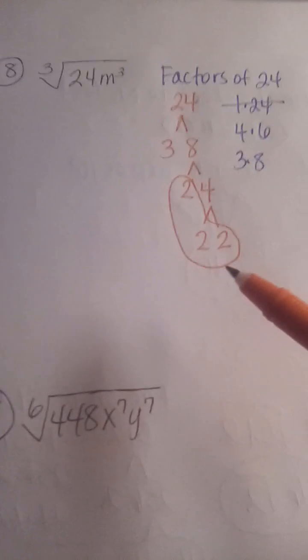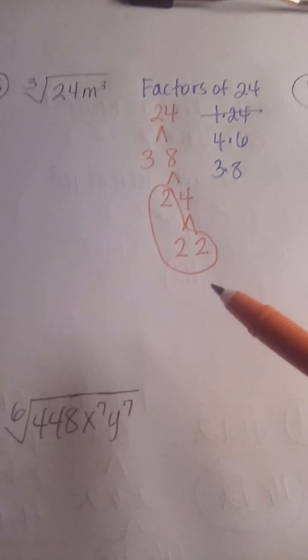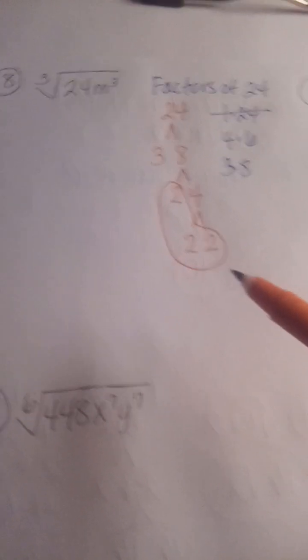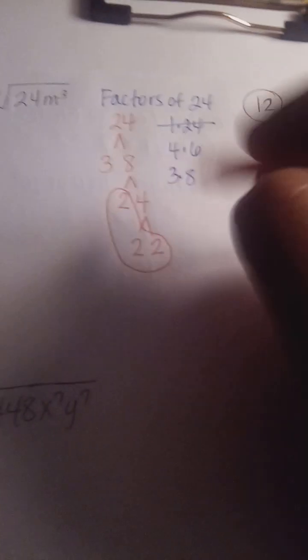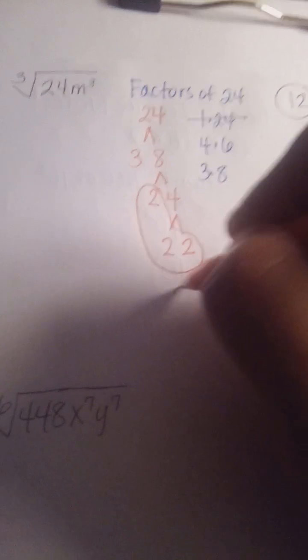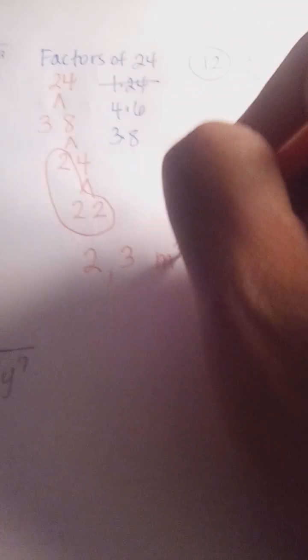Any questions on this part, on what I showed you just right now? All right, we got the number 2 and 3. What do we have left? M cubed, right? All right. We're almost done.